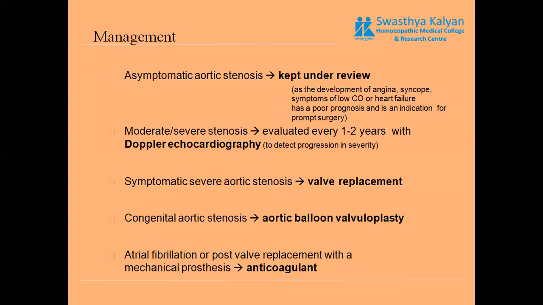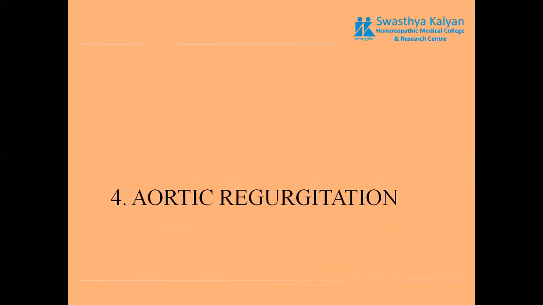In cases of moderate to severe stenosis, they are evaluated on a regular basis for the development of further changes in the heart muscles. Symptomatic severe aortic stenosis will need valvular replacement. It can also be done by valvuloplasty. Obviously, medicines like anticoagulants are given. So that is it. We'll continue with the other types in the next section.